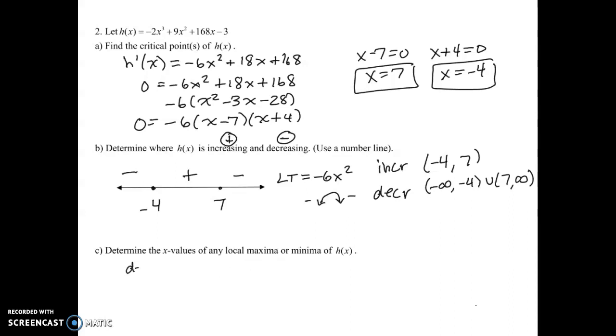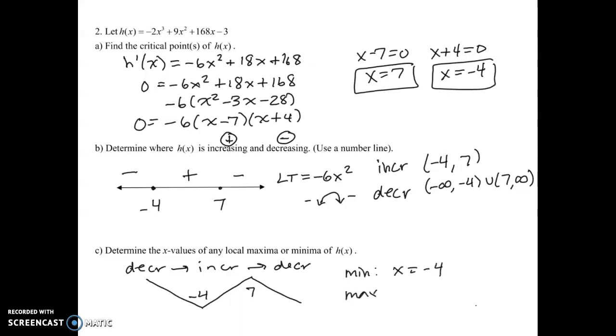This time we're going decreasing to increasing to decreasing, so down, up, down. This is negative 4, this is 7. So I have a local minimum at negative 4 and a local max at 7.